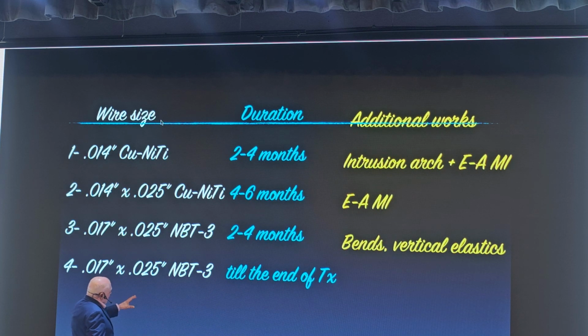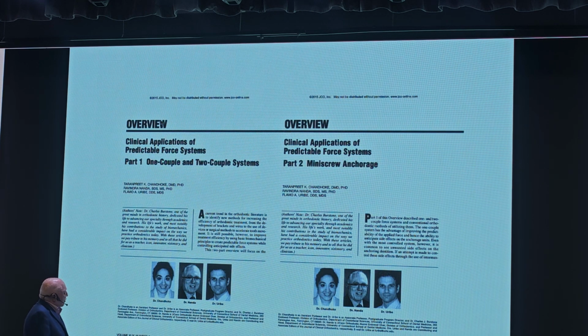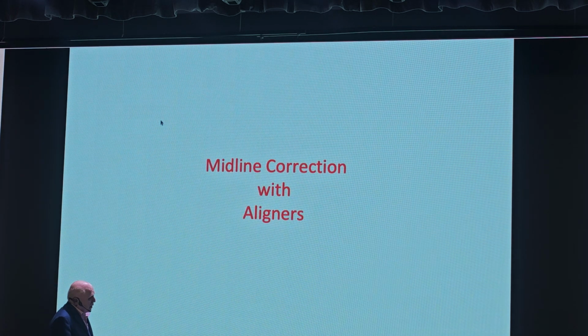And then we use basically beta titanium till the end of the treatment, and sometimes the braided wires. So this was one of the articles we published in JCO. It was on one couple and two couple system and how we are going to use different force systems.